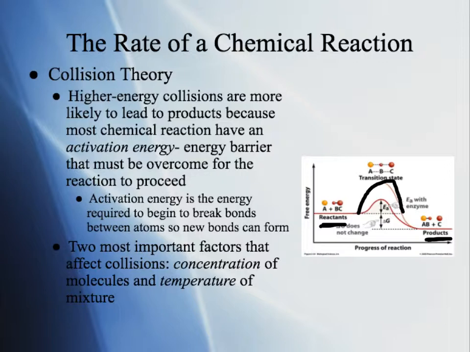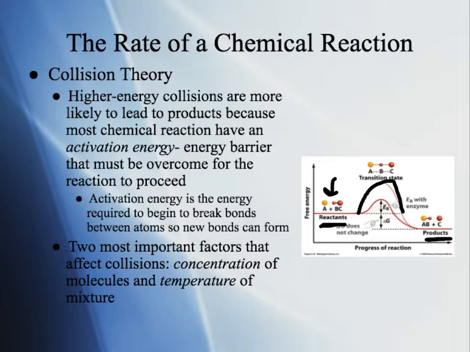It's the energy that we need to put into the system in order to get things rolling to get our products. So activation energy is basically breaking the bonds between the atoms and molecules that are in our reactants. If we take a look, we've got A and BC for our reactants.